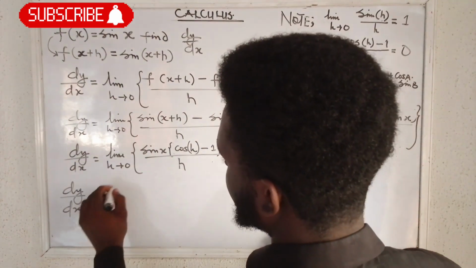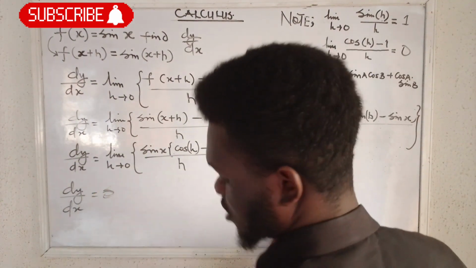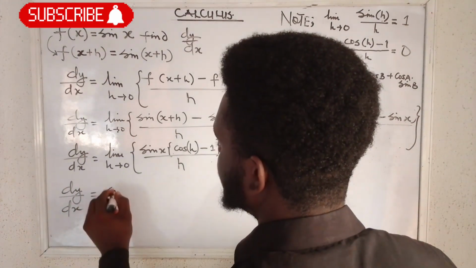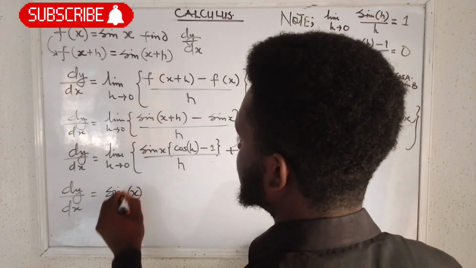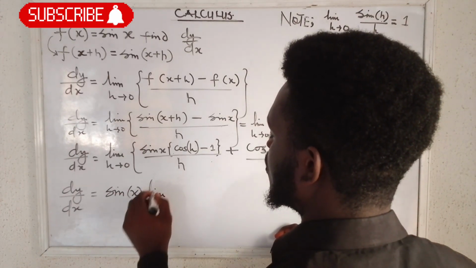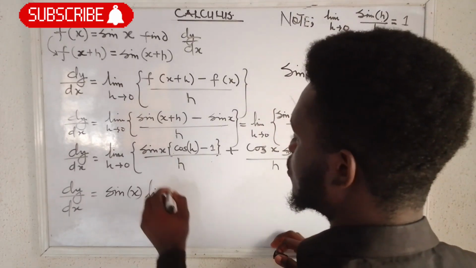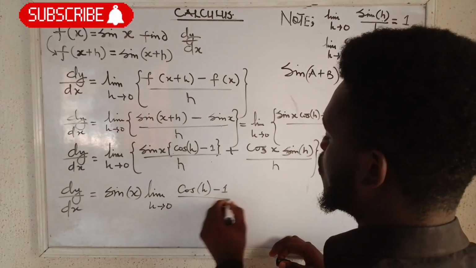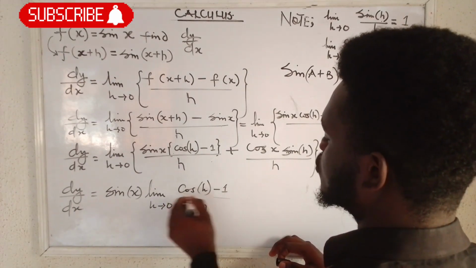When the limit affects this, we can write it as the sine of x times the limit as h tends to 0 of the cosine of h minus 1, all divided by h.